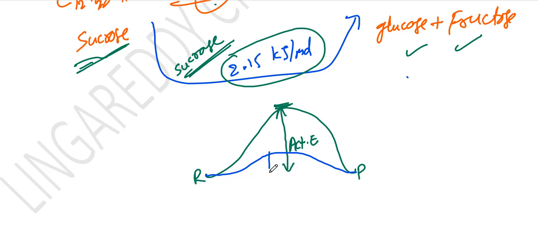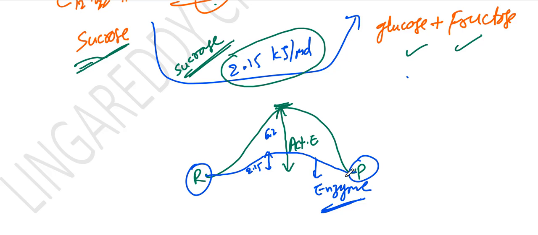So what is this? This is also activation energy, but activation energy now it's reduced, only just 2.15. Before it is approximately 6.2. Okay, so this thing happens while you are using enzymes, right? This is the main difference. Whenever activation energy decreases, then obviously reactant to product, this process is going very fast.